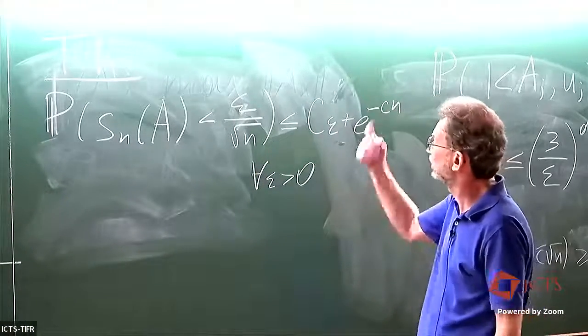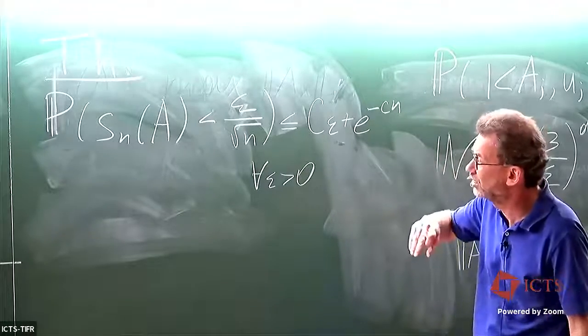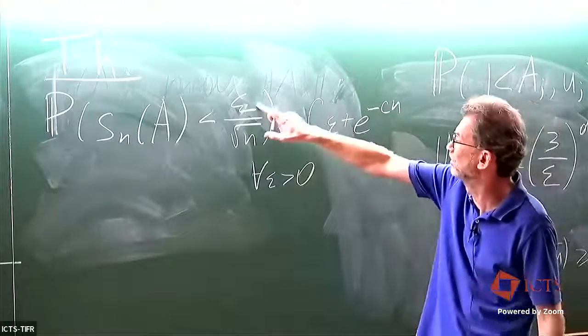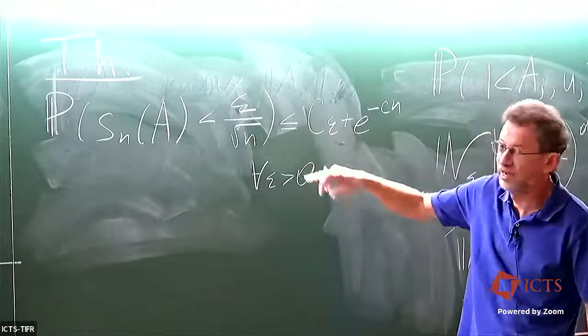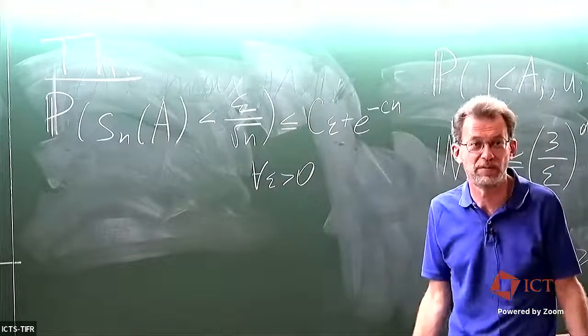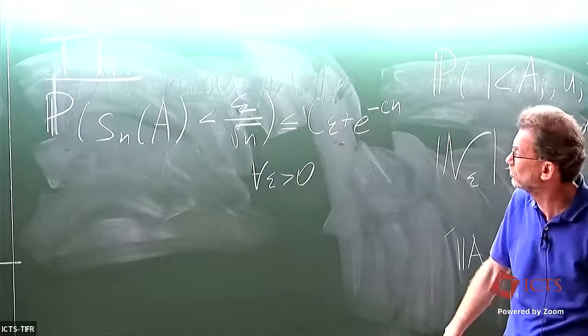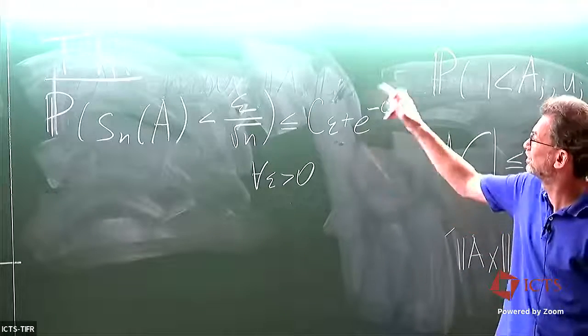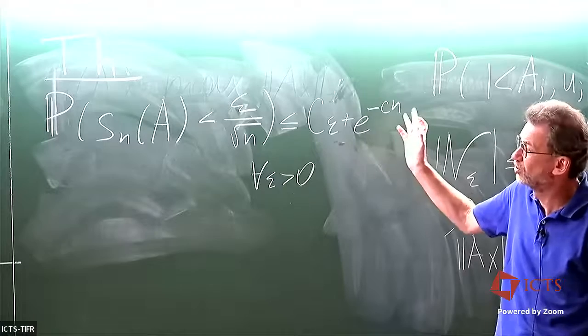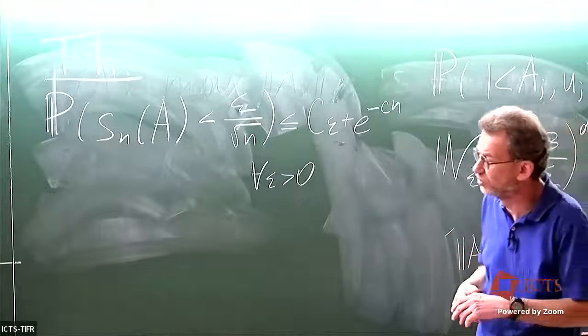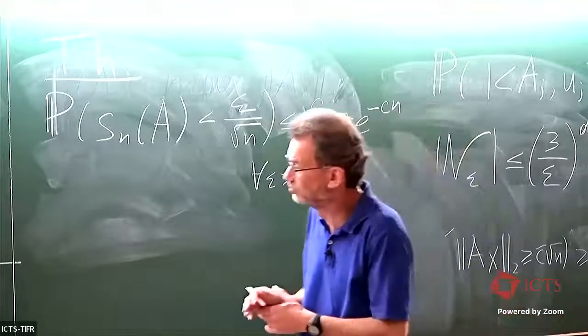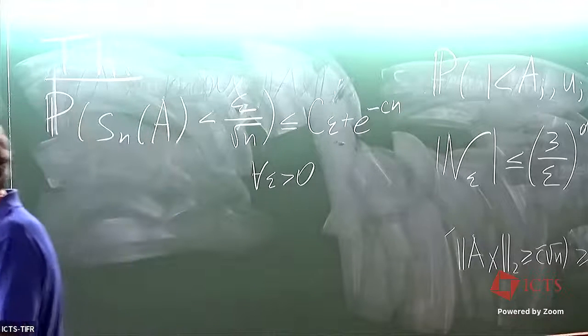And by the way, this also includes the singularity probability. If I plug in epsilon equals 0, I show that the probability that a random Bernoulli, say, matrix is singular is exponentially small. But it's not only for Bernoulli, it will be true for all possible matrices.